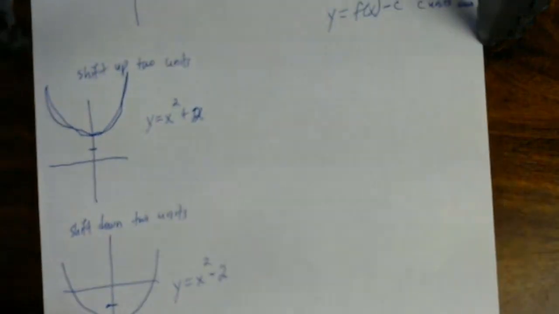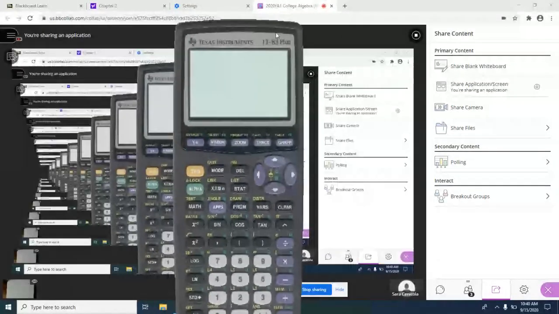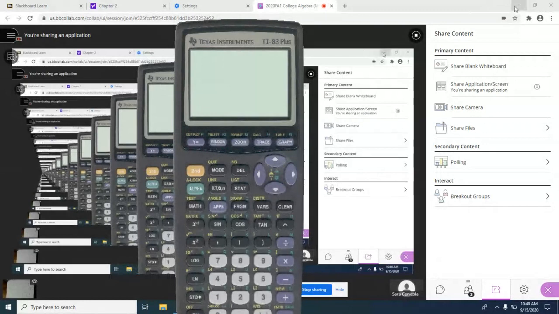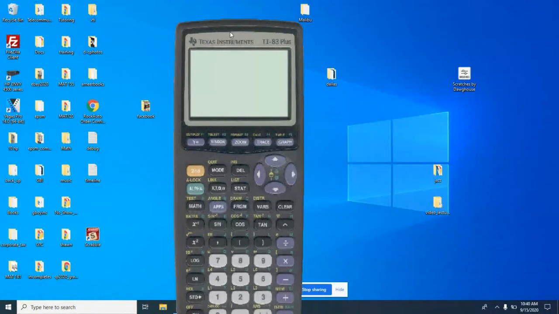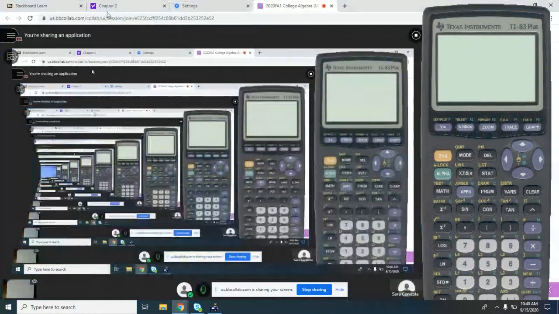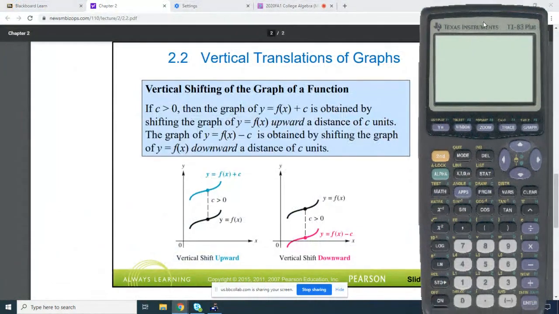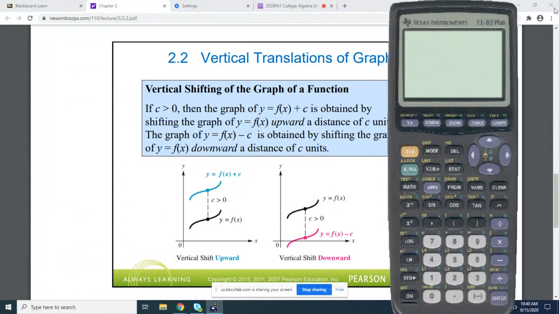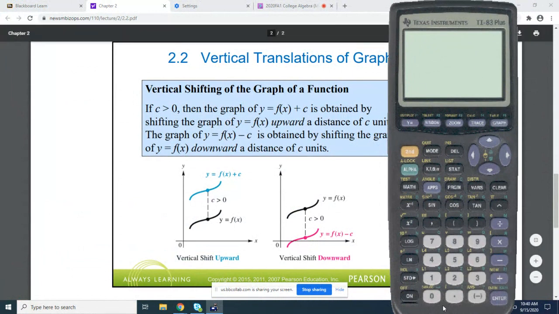Okay. So I'm going to just take a look at this in the calculator. All right, so I'm going to take that same x squared graph.